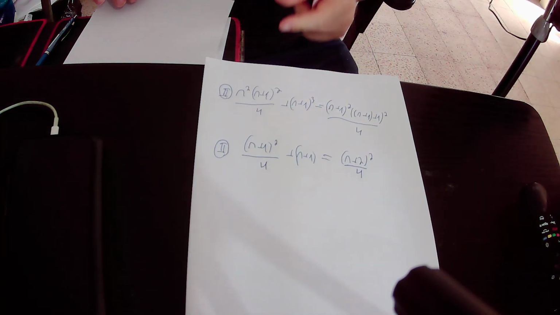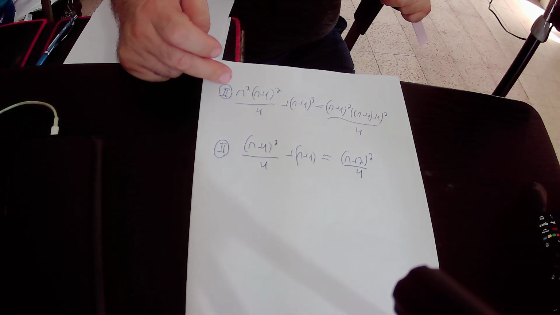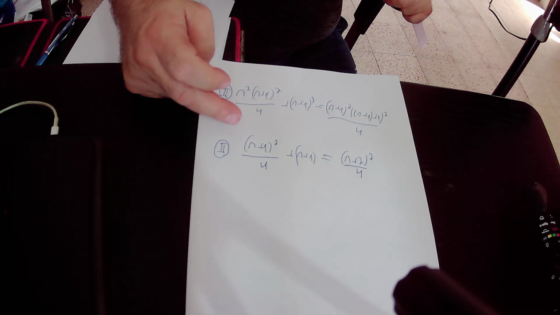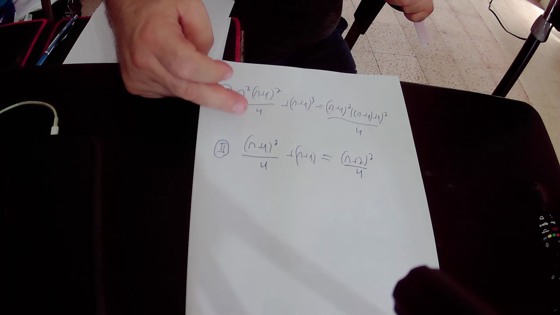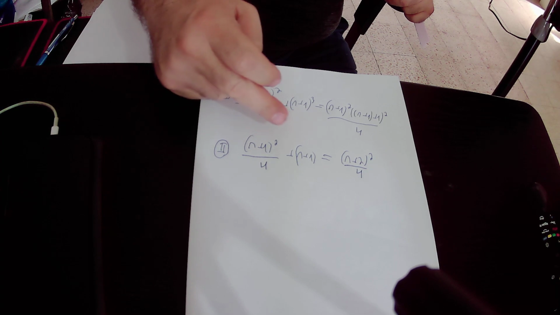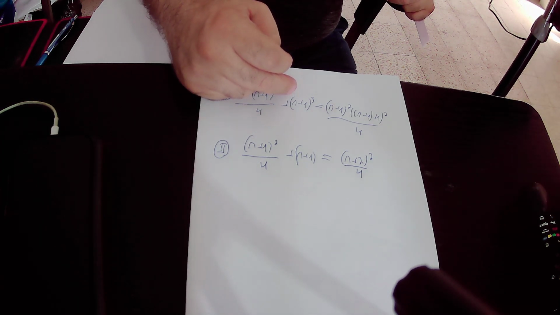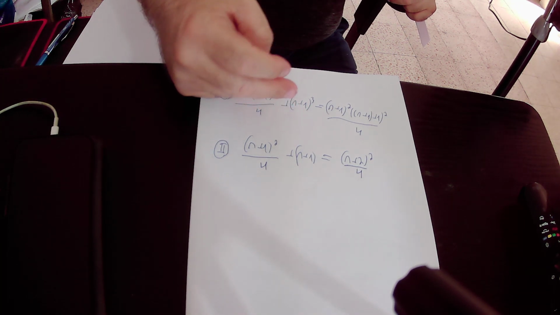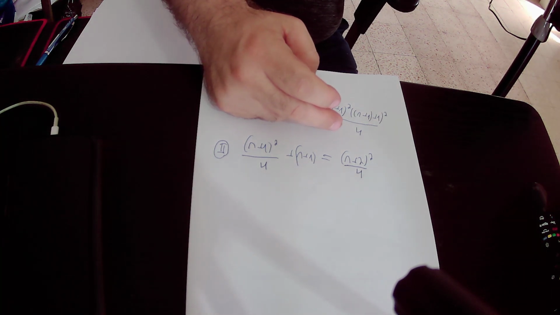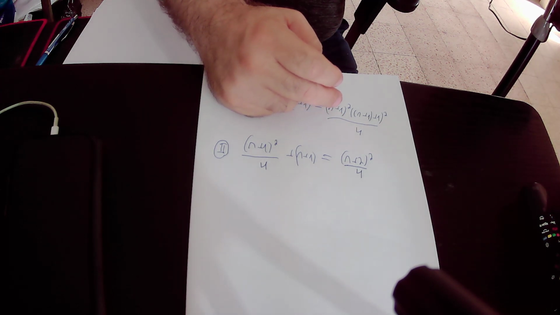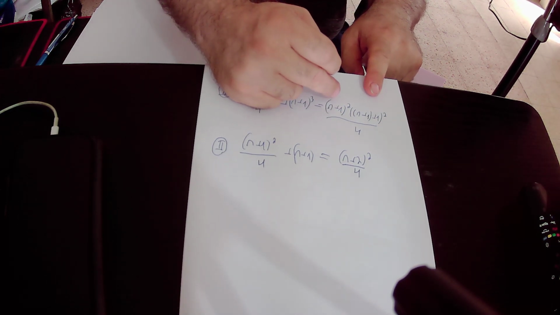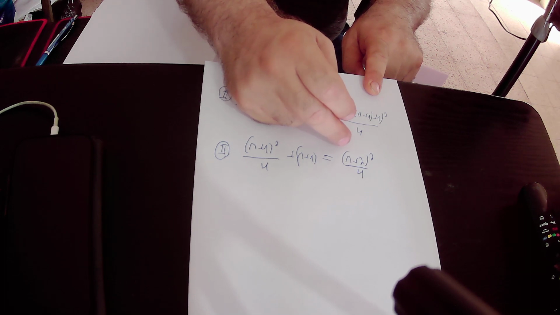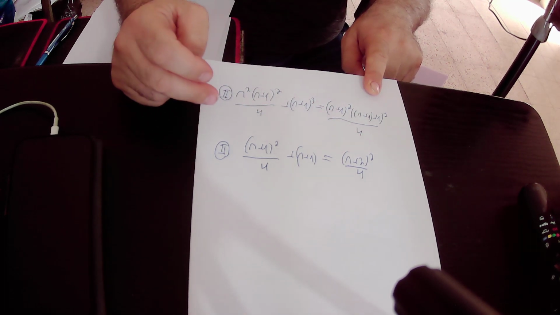So here, after we divide the two sides of expression 2 by n plus 1 squared, we got that n squared divided by 4 plus n plus 1 to the power of 3 divided by n plus 1 squared equals n plus 1, all equals n plus 1 plus 1, which is n plus 2, and we divide all by n plus 1 squared, so what we are left with here is n plus 2 squared divided by 4.